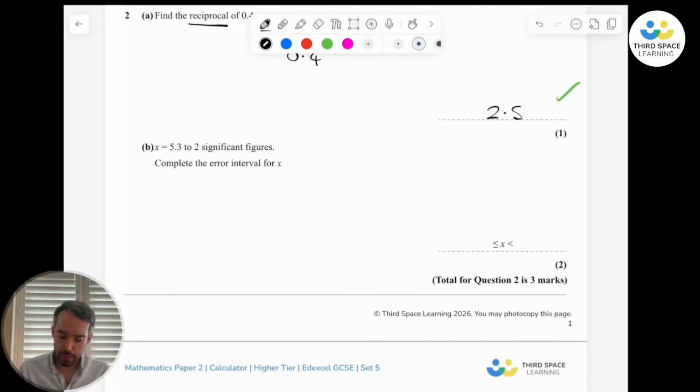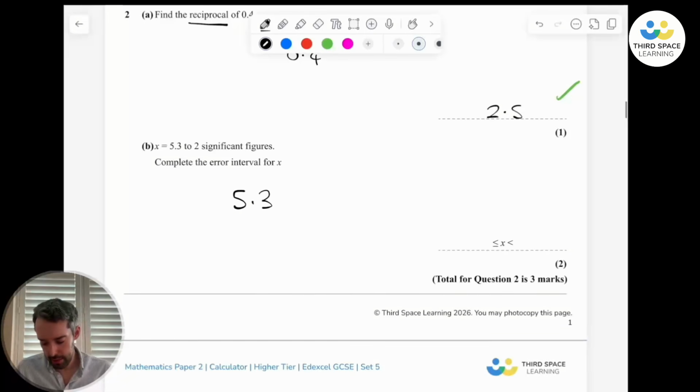Okay, part B. It's x equals 5.3 to 2 significant figures. Complete the error interval for x. So what we need here is the upper bound and the lower bound. A good way to think about this is, we've got this number here, the 3, is in the tenths column. So to find the upper and lower bounds, let's half 0.1, that will get me 0.05.